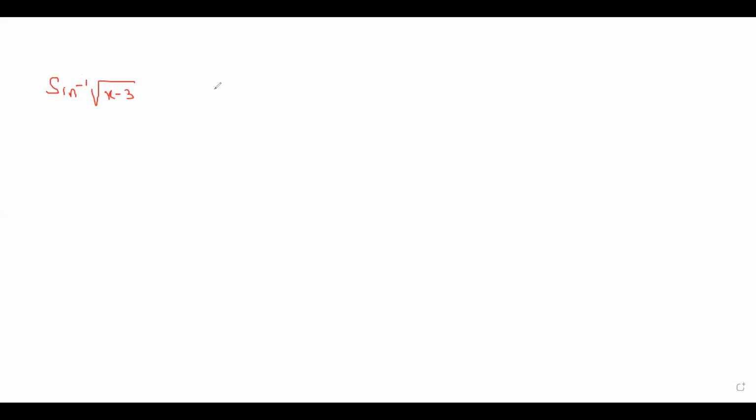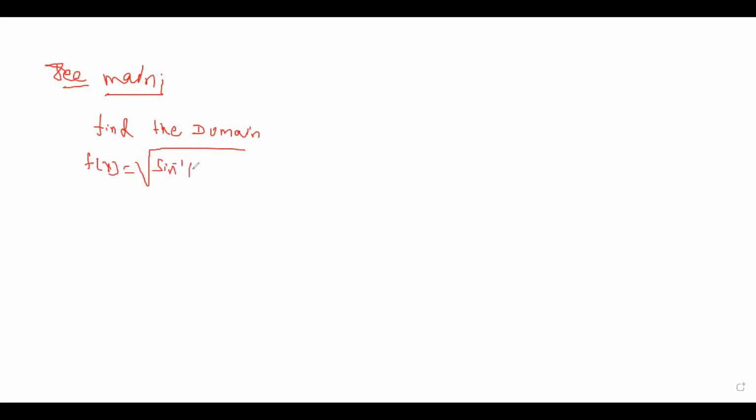The square root of x minus 3 is between 0 to 1. Very good. x minus 3 will lie between 0 to 1, so x lies between 3 to 4. Okay, Rishita, any problem? No, sir.